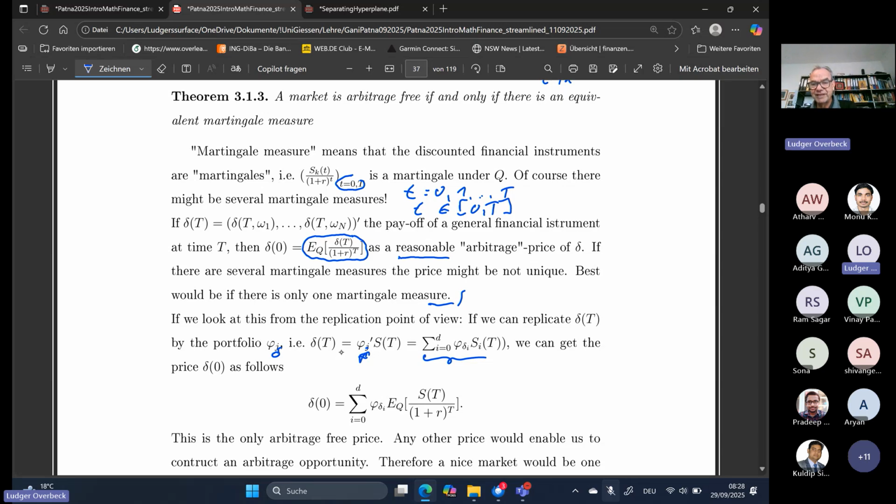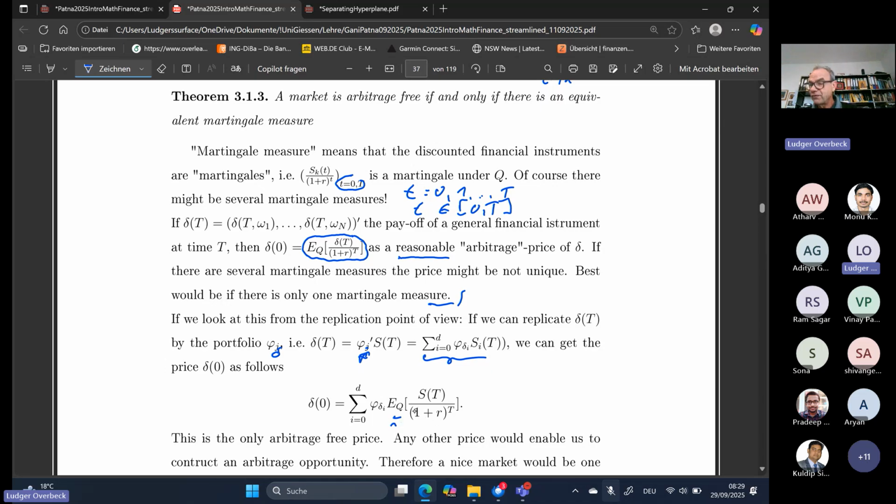In our binomial setting, for the replication, we need this argument that we find this p star. Then we can get the price by doing the same as we have done for S0 of the asset, namely by taking the expectation of the cash flow with respect to this risk neutral measure and discounting.